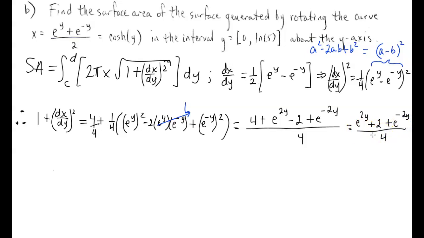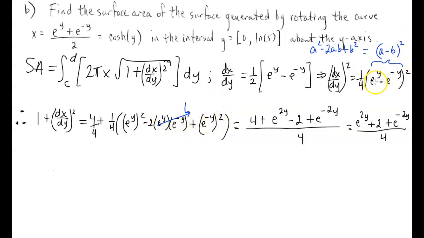Now, one of the things that I want you to notice here is that inside this parenthesis here, this e raised to the y squared minus 2 e raised to the y times e raised to the minus y plus e raised to the negative y squared.